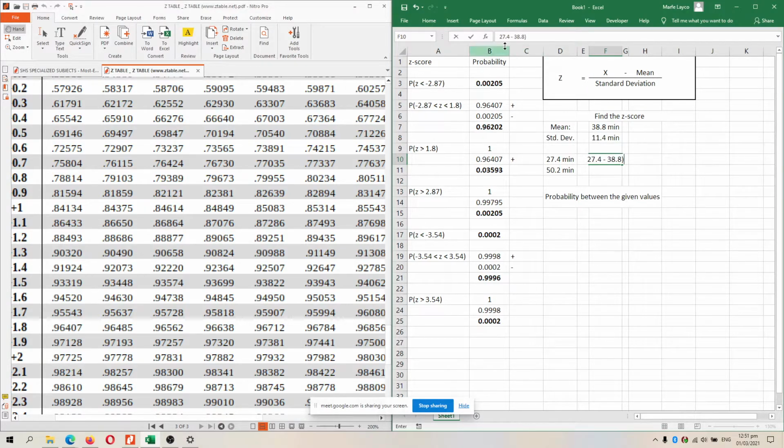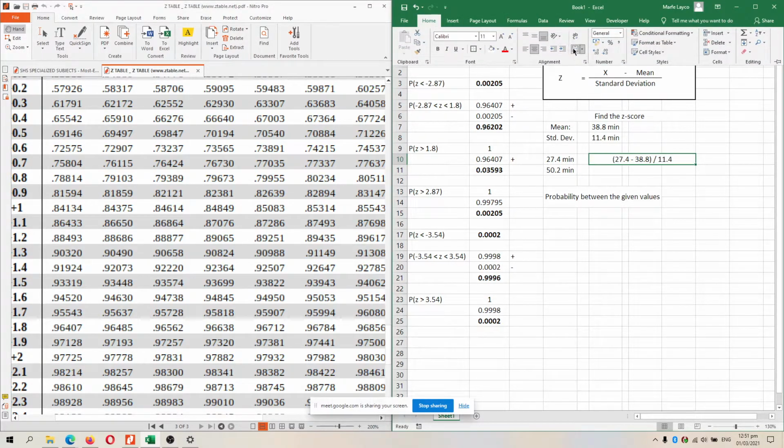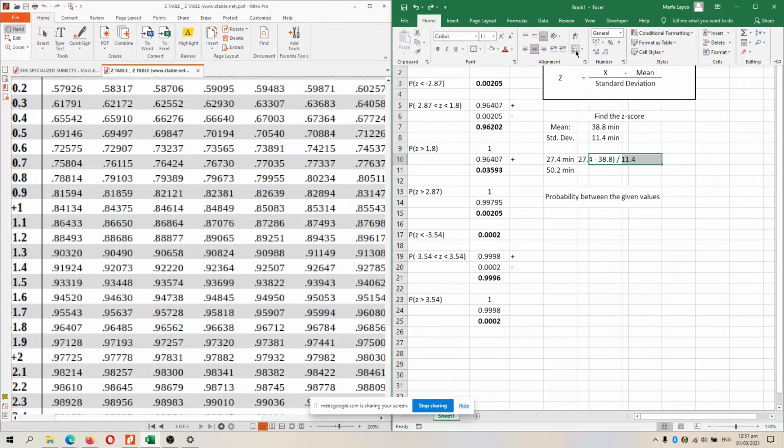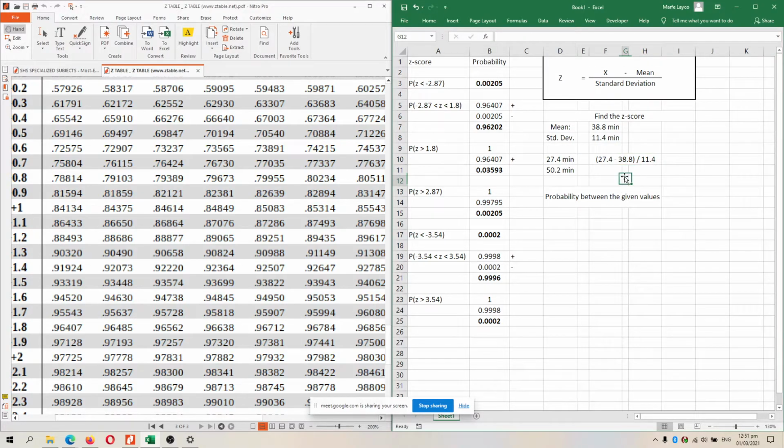Tapos, i-divide natin yan sa standard deviation na 11.4. So, ito yung itsura niya.